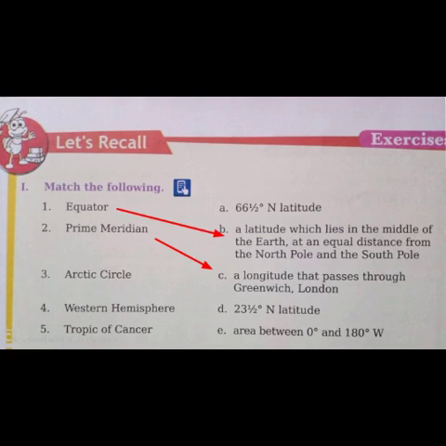Arctic Circle, 66.5 degree north latitude. Western hemisphere. Western hemisphere is the area between 0 degree and 180 degree west. Tropic of Cancer. The Tropic of Cancer will match with 23.5 degree north latitude.